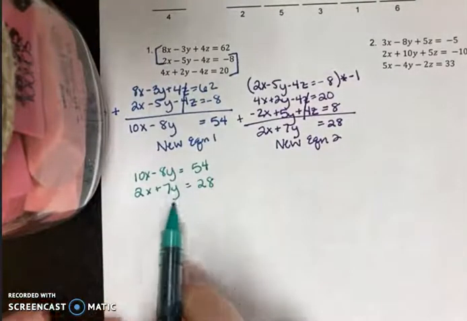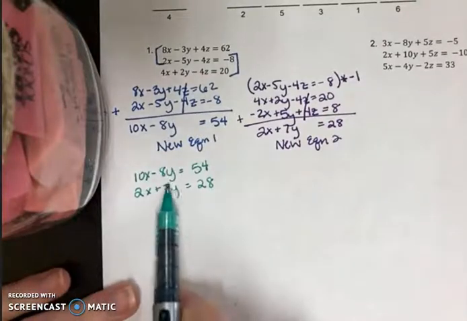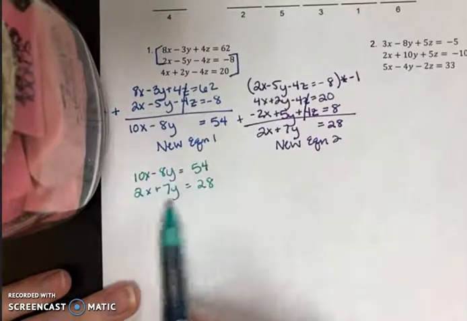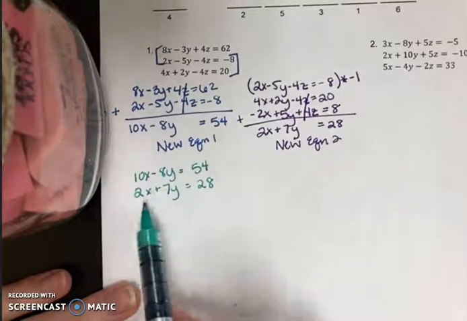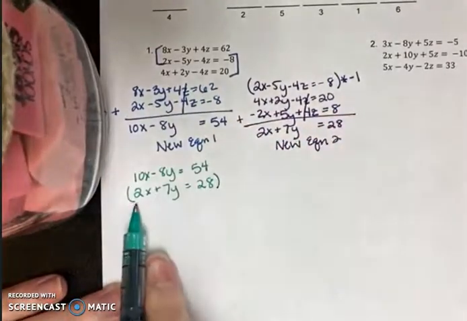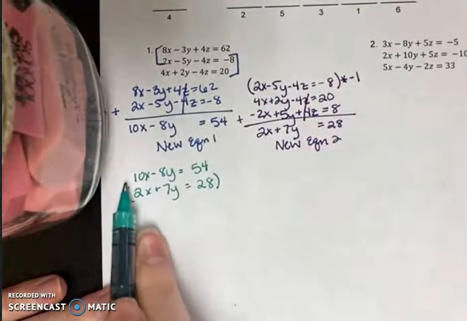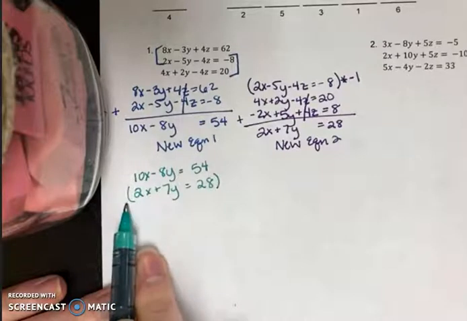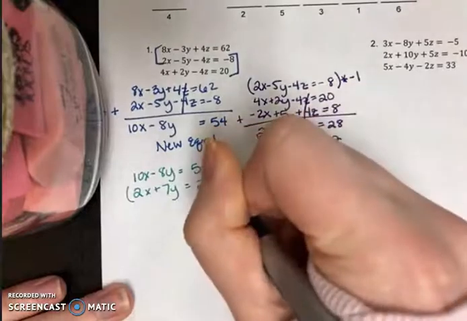I could multiply each to cancel the y values, or if I wanted to cancel out the x's, just multiply my second equation by something to cancel out the 10x. What would cancel a 10x is a negative 10x, so I'm going to multiply the second equation by negative 5.